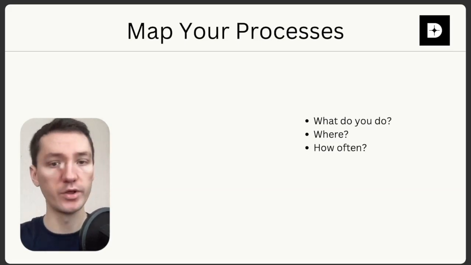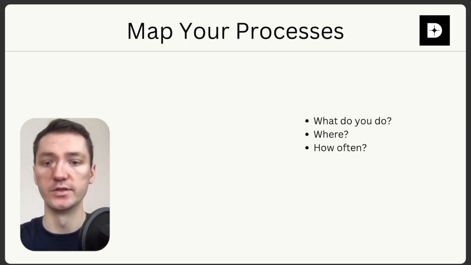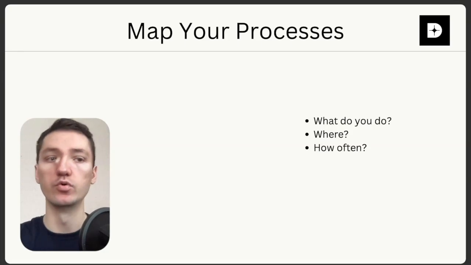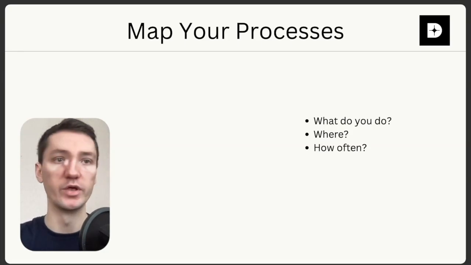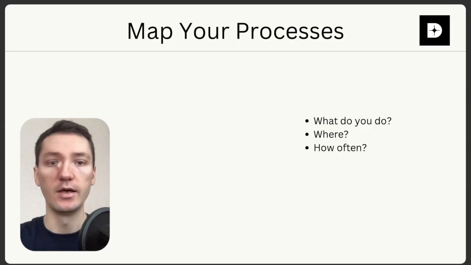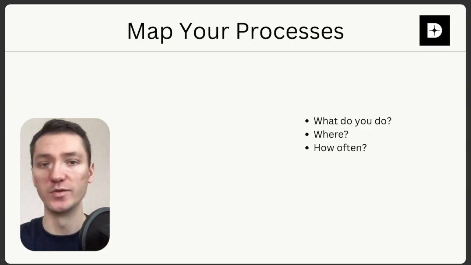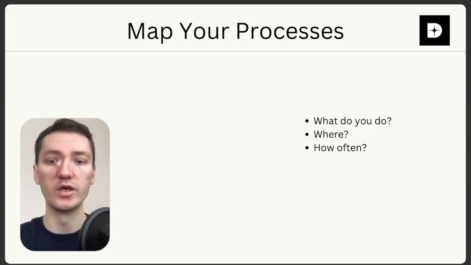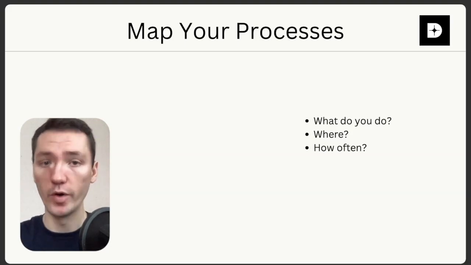And while we are mapping our processes, we need to understand what exactly we are doing here. So we need to gather the information, with the specific templates and the specific information for the client. We prepare and structure that in order to send it. Then, where are we doing this?